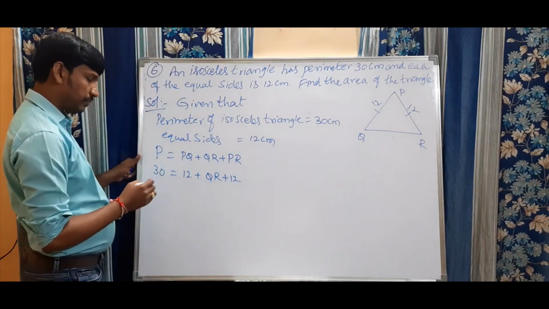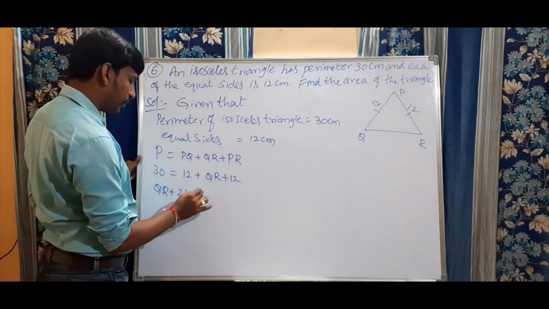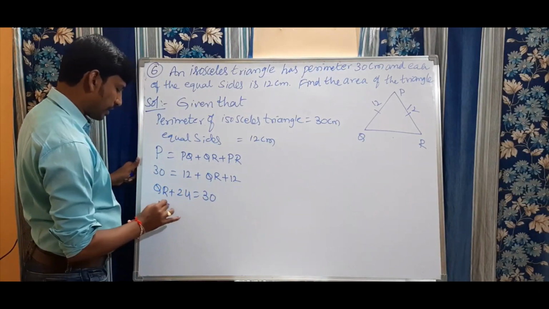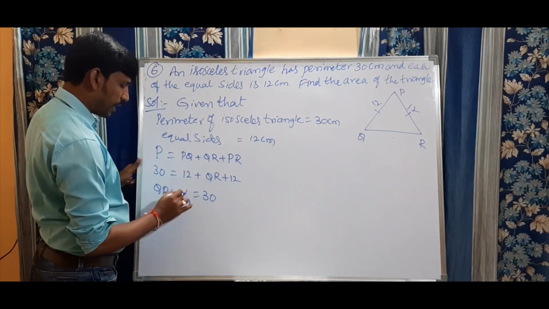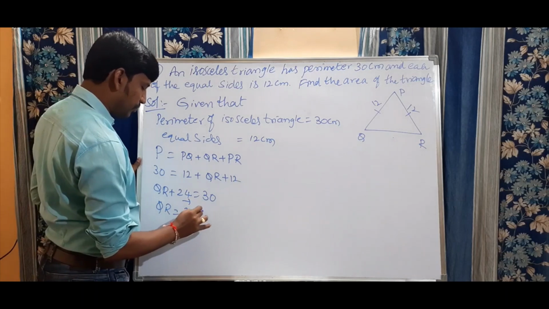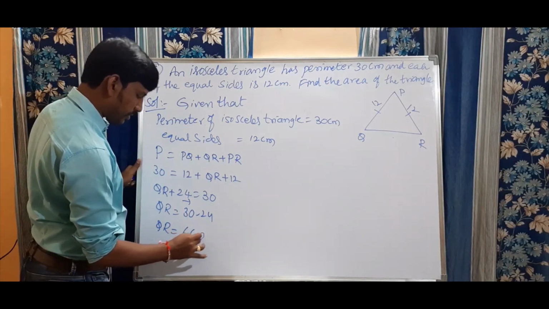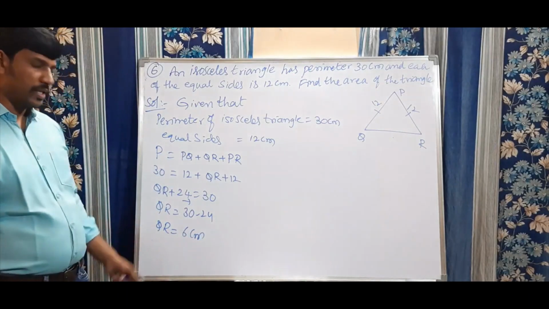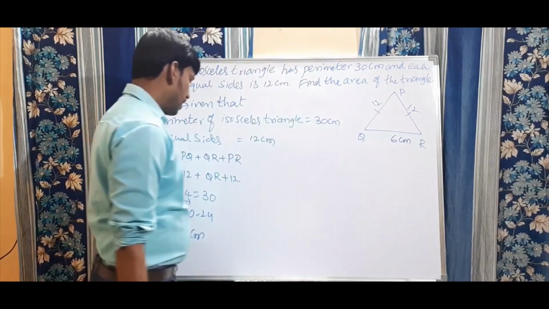So QR plus 24 is equal to 30. Transposing 24 to the right hand side, QR is equal to 30 minus 24, that is 6 centimeters. Clear, my dears? We got the third side answer: 6 centimeters.